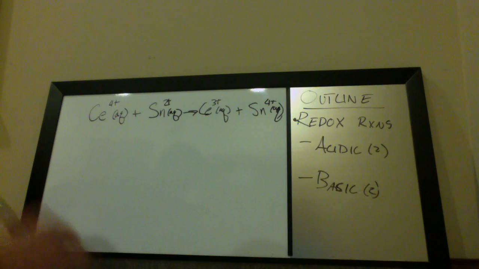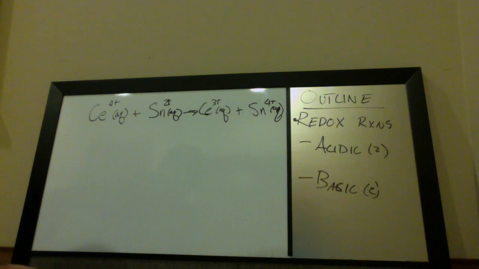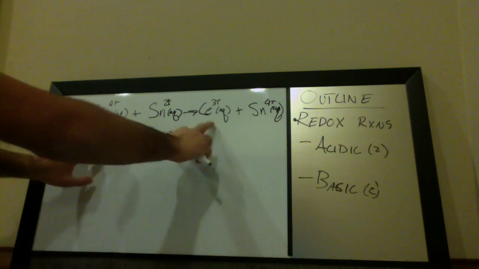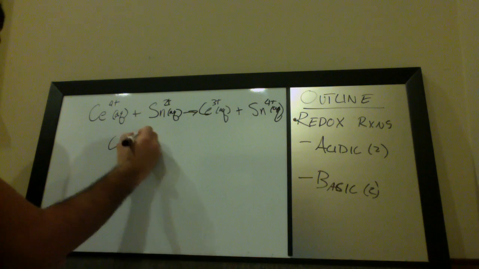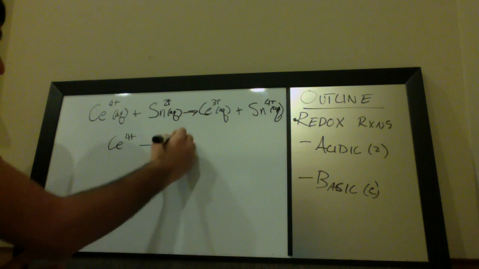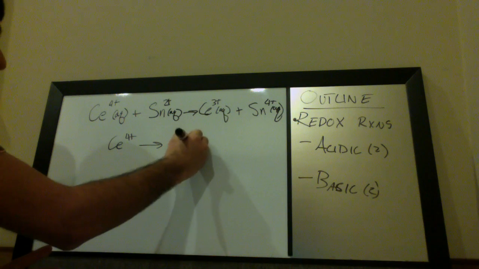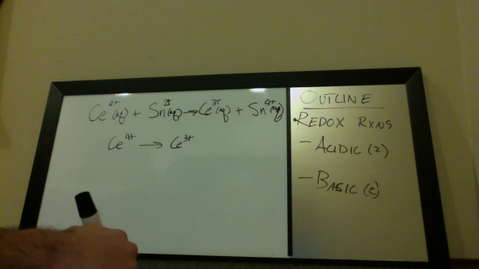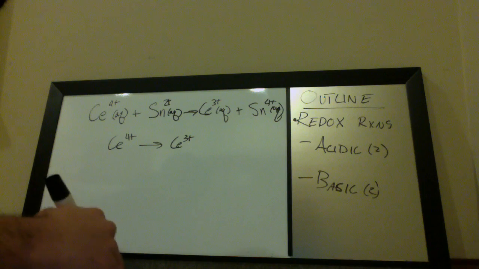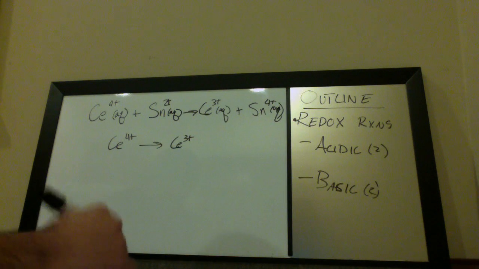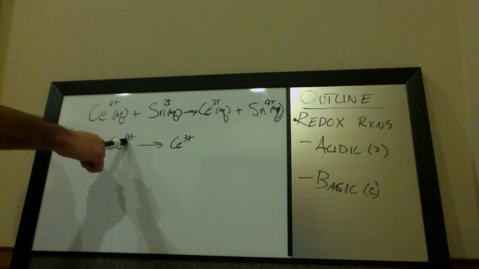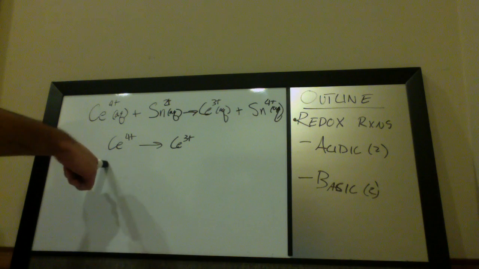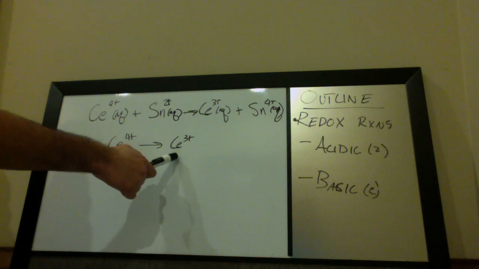I need two half reactions, and I'm literally going to take these ceriums out. So I'm going to have cerium 4 plus become cerium 3 plus, and this substance involved here is being reduced. And how do I know that? Because this is now less positive than it was before. That means it gained electrons.